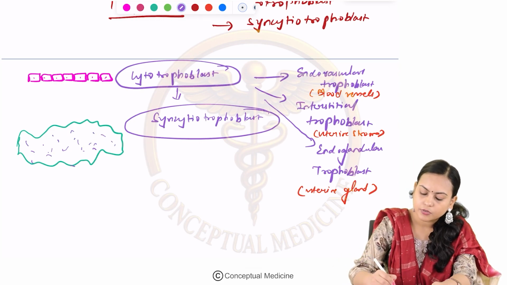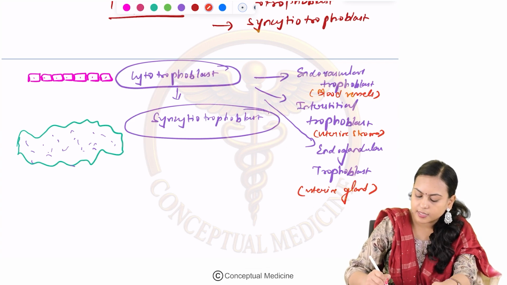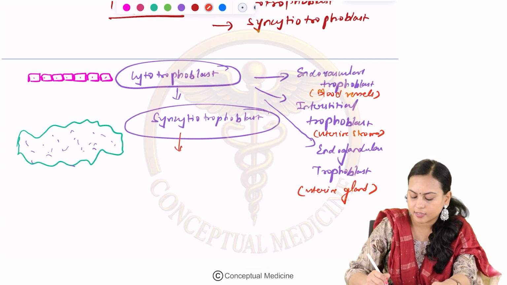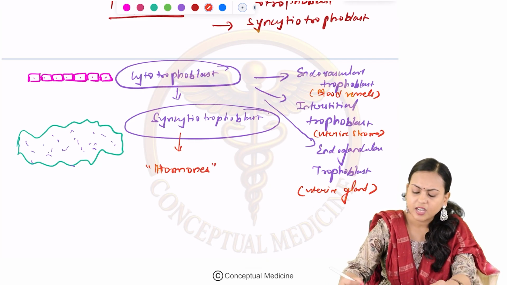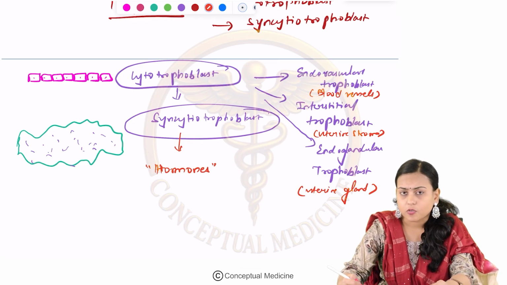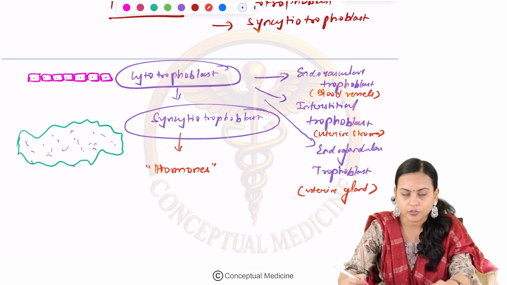Among these, syncytial trophoblast is considered to produce most of the hormones. However, the other types of trophoblast are also seen to produce hormones. For example, the endovascular trophoblast, for blood vessel invasion and angiogenesis, has to produce hormones.